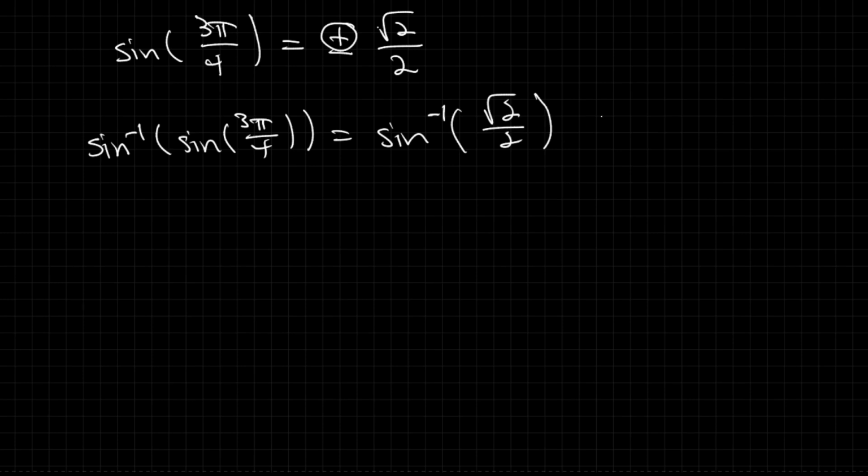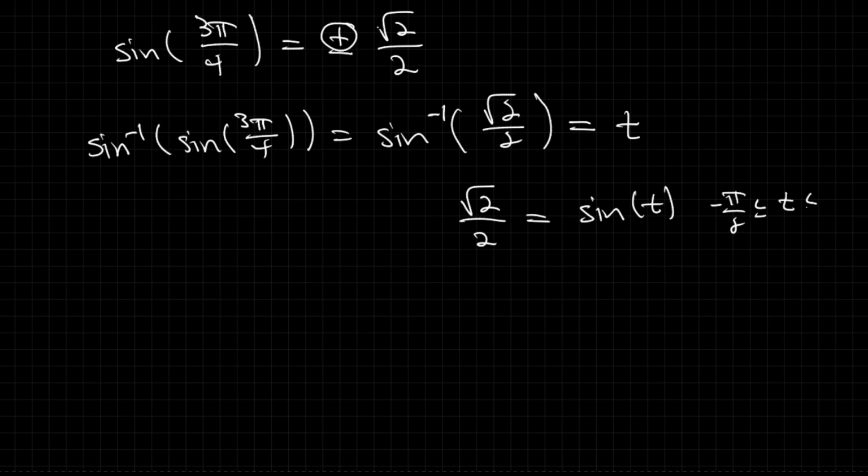And now I can ask myself, okay, what is sine inverse of root 2 over 2? And I'll do that in the same way that I have been doing this. I'll set this equal to t, and I'll change to the original function form. Root 2 over 2 has to be sine of t with t between minus pi over 2 and pi over 2.